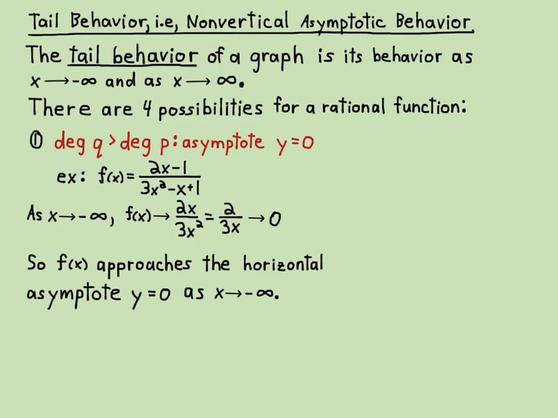Now you might notice as x goes to infinity, what matters with these rational expressions is that the magnitude is getting large. That is, the distance from 0 is getting bigger and bigger. So the same exact thing is going to happen as x goes to infinity as well. That's why they have the same asymptotic behavior on left and right.